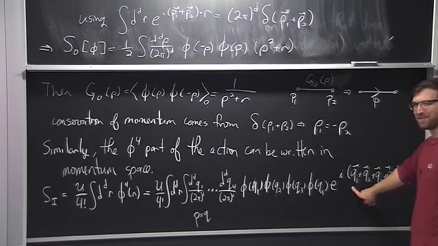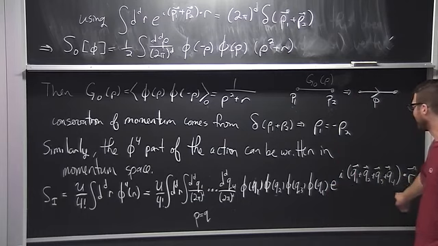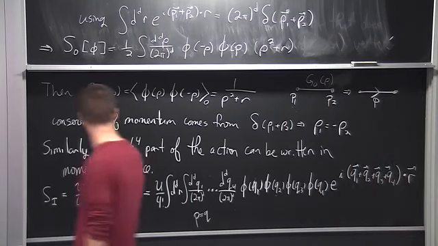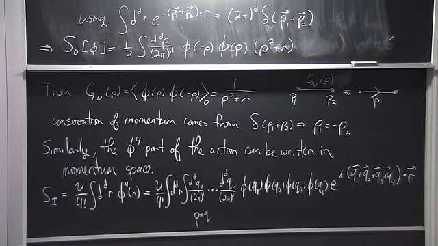Okay, so this is going to be like the thing that comes in your Dirac delta function to give you conservation of momentum. So higher order terms will have just more complicated conservation laws.